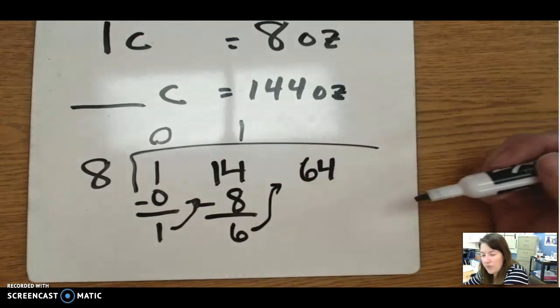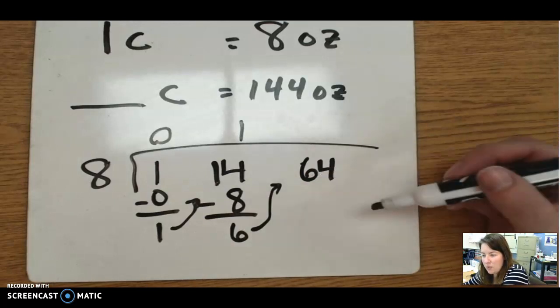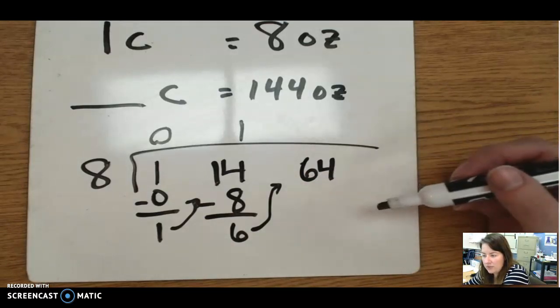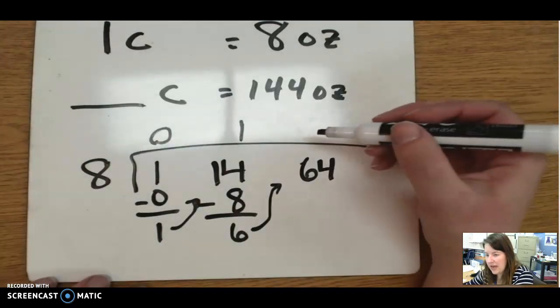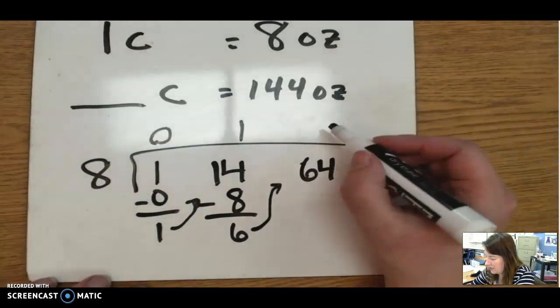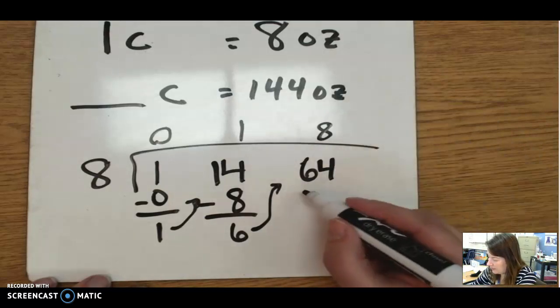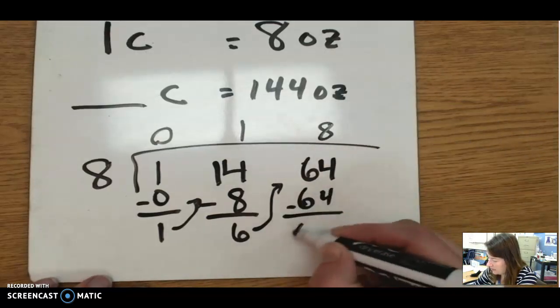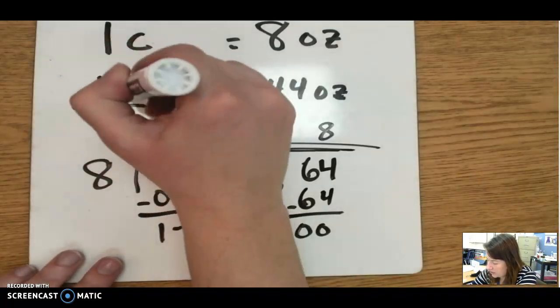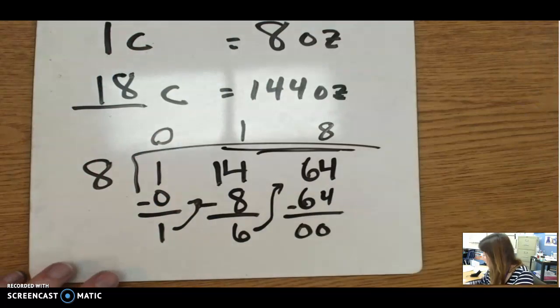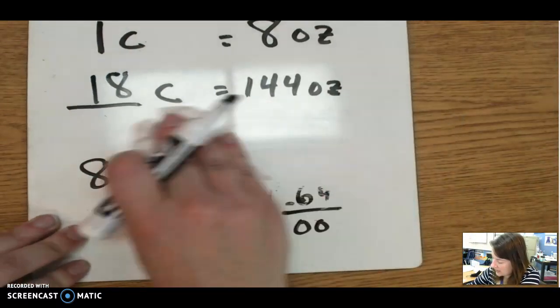Okay, now how many groups of 8 can we make with 64? Sit there and think about it for a second. Right, you should know 8 times 8 is 64. So 8 groups of 8 is 64. 18 cups should be the same as 144 ounces.